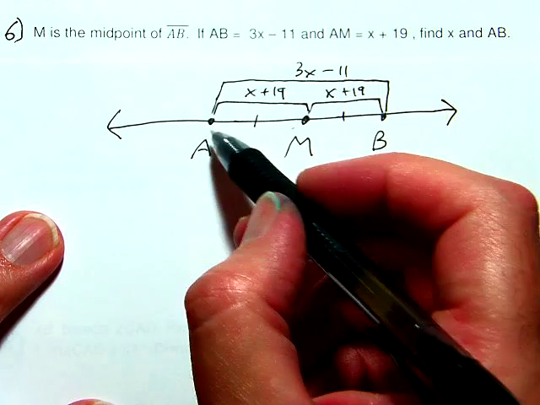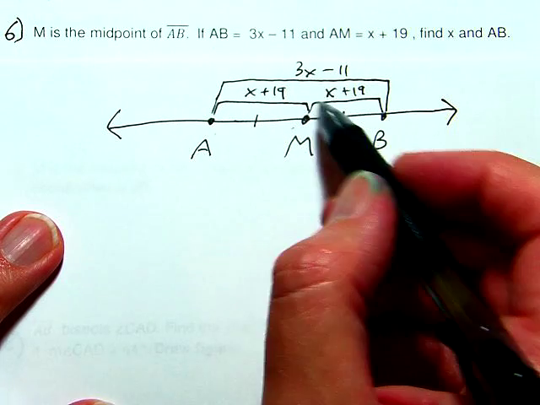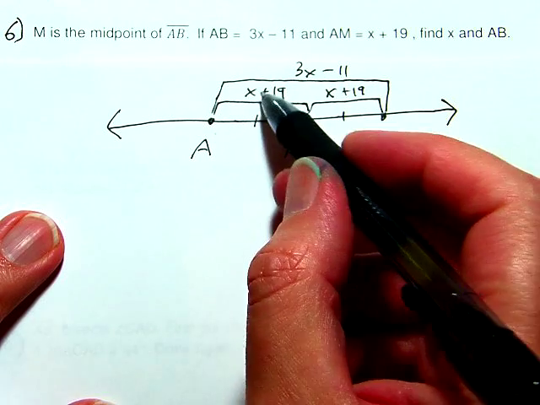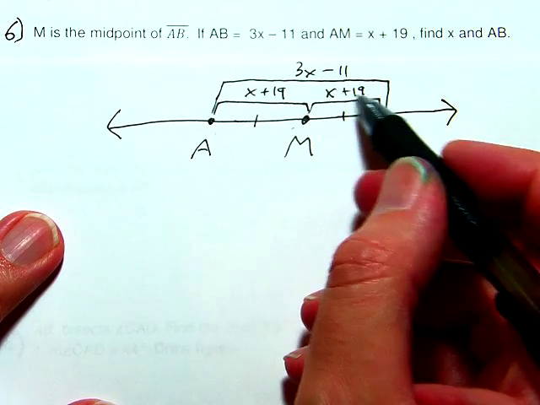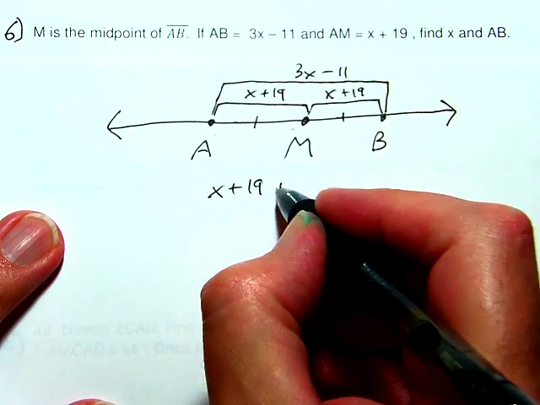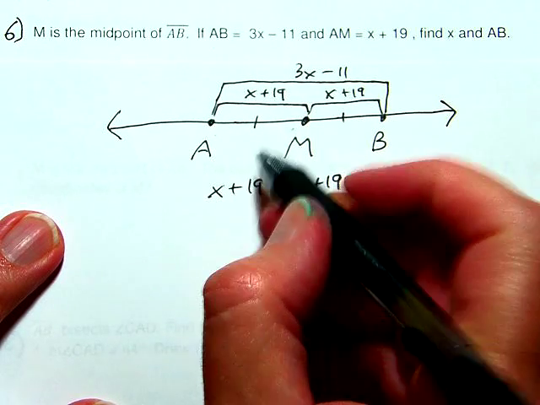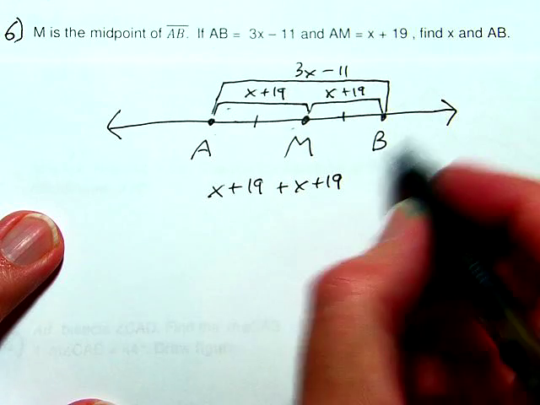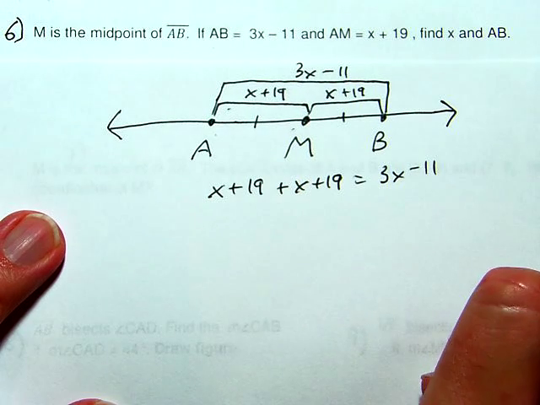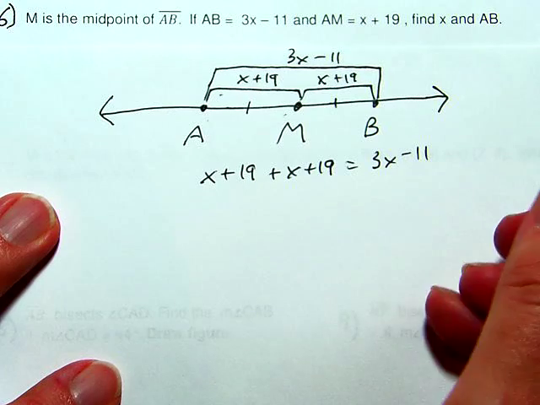But we know the distance from A to B is 3x minus 11. So if from A to M it's x plus 19 and M to B it's x plus 19, then we've got x plus 19 plus x plus 19, from here to here and here to here, which has got to equal 3x minus 11. So now we've got ourselves an equation that we can work with.